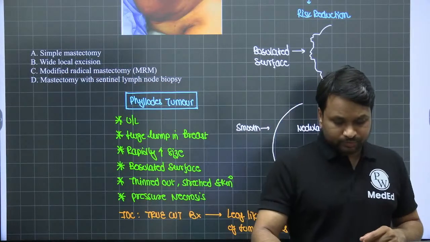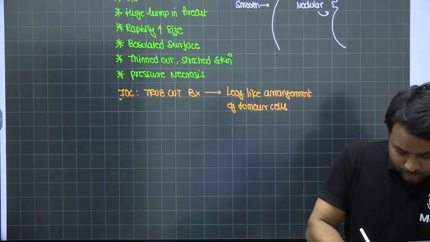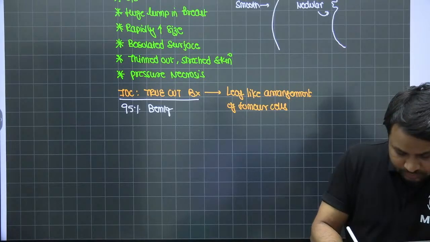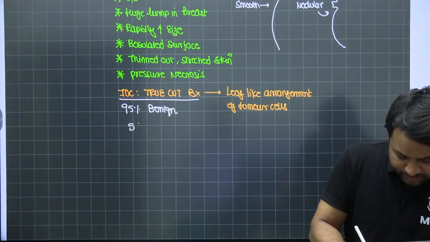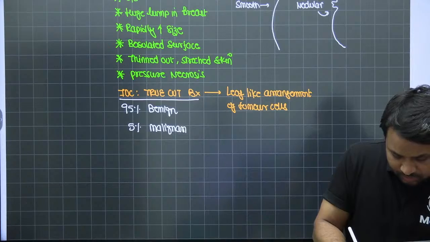Okay. Now, in terms of phylloides tumor, remember 95% of them are benign and 5% of them are malignant. But how do you know?